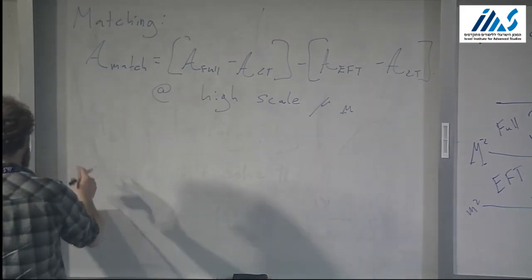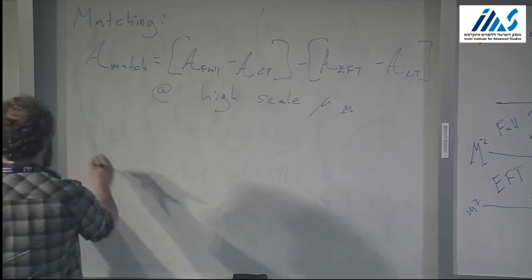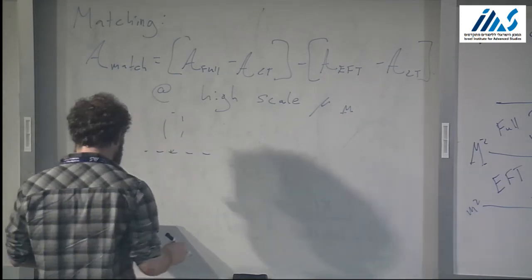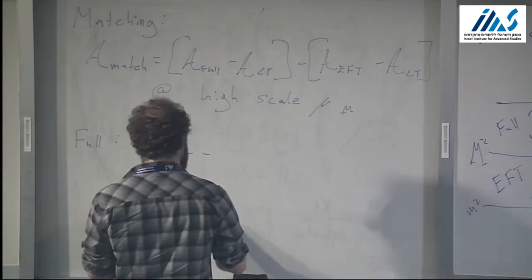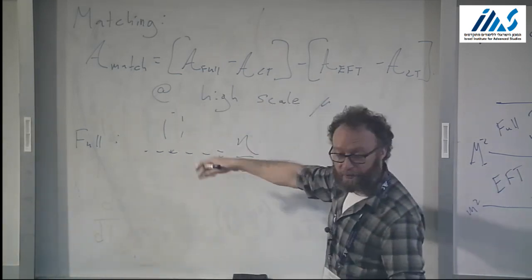My observable is going to be the 2-point function, okay? My full theory has the infamous quadratically divergent diagram. It's eta over 2. There's a factor of 2 for symmetry factors.